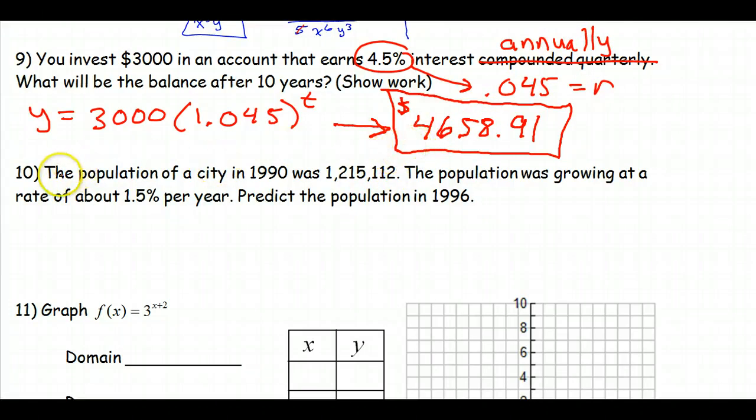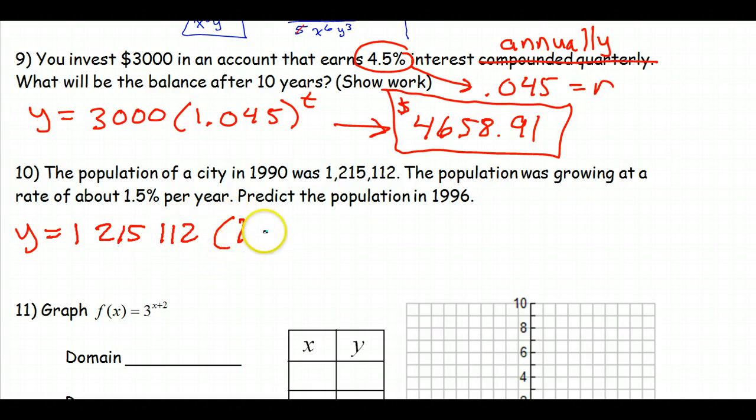Okay, for number 10, same type of thing. The population is growing at a rate of 1.5%. Predict the population in 1996. Okay, so we start with that initial amount of 1,215,112, and now we're going to do 1 plus the rate.